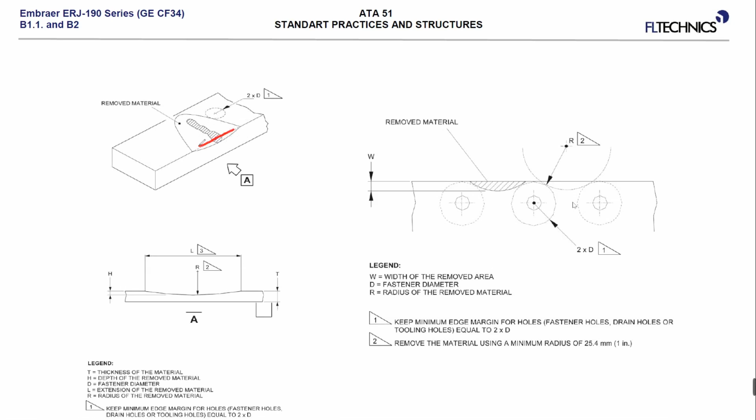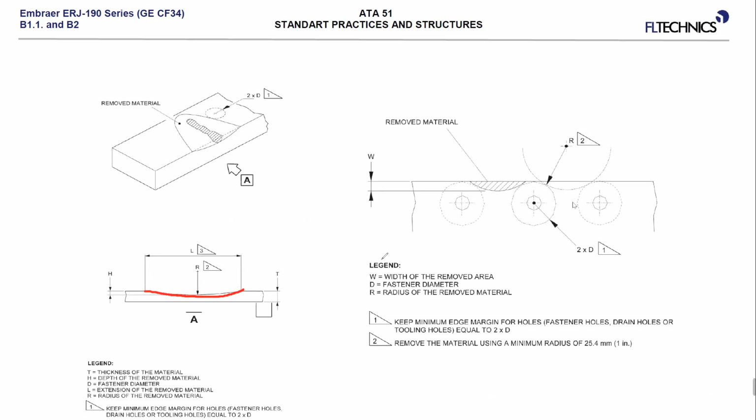We have to remove material to make the area smooth and free of scratch. And later it will look like a big dent. Yes, because we removed some material. It's not flat anymore. Yes, it's smooth, but it's not flat.